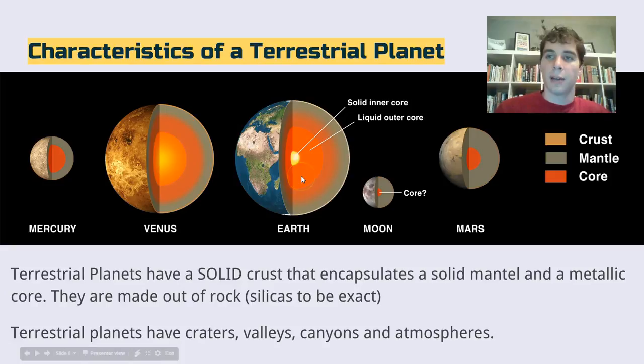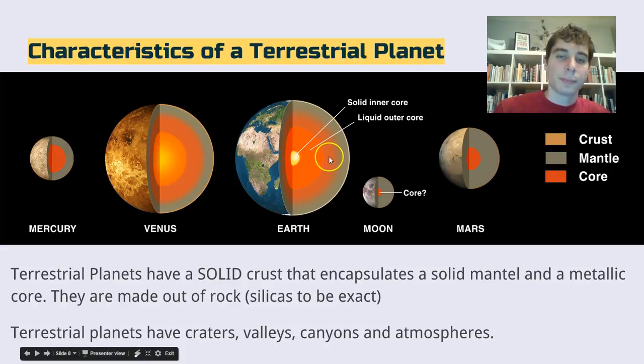We think of these as the tectonic plates that are moving, and our continents are made out of them. Earth has a solid crust. Venus, Mercury, Mars, they all have a crust. So they're solid on the outside. Then underneath they have something called the mantle, which is more rocky substance. It is a solid, but it actually moves sort of like a fluid over billions of years.